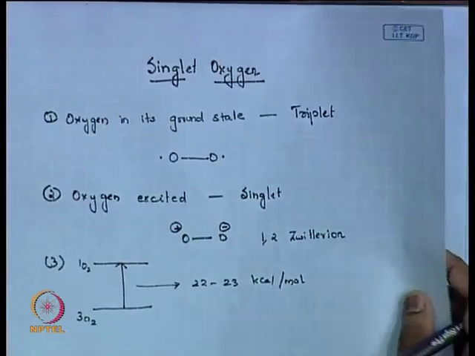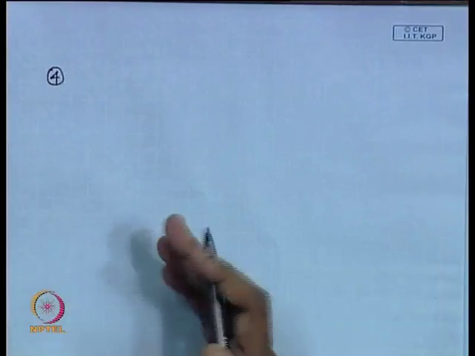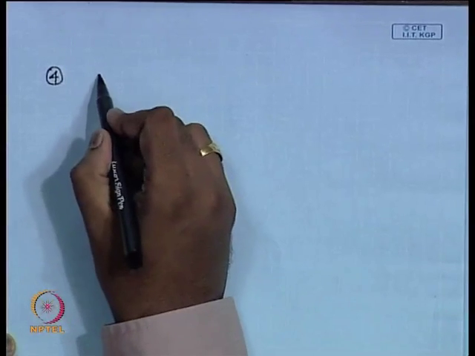Another important thing you have to know about singlet oxygen is its lifetime, because for any species you want to know the lifetime, how long it lasts. Singlet oxygen lifetime is solvent dependent, okay. But approximately it stays 10 to the power of minus 6 seconds.